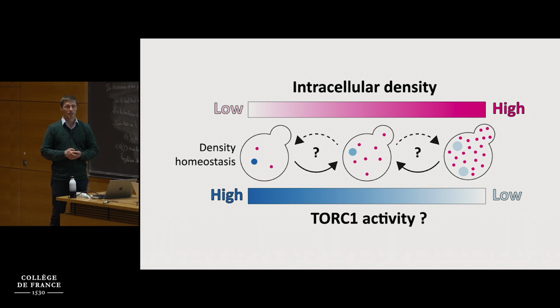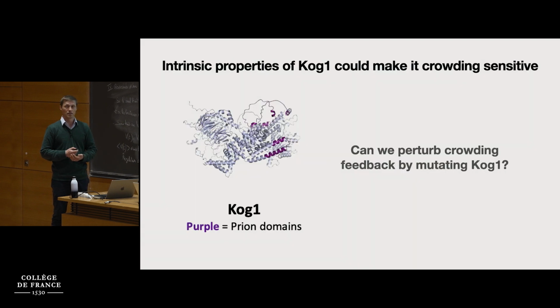It will be good to now do genetics with this information, and one intriguing possibility is that TORC1 phase separation is induced through prion domains that are known to be present in a protein called KOG1. KOG1 is Raptor in mammalian TORC1. An interesting experiment would be to find mutants in TORC1 that cannot phase separate and see whether we can perturb such homeostatic behavior.